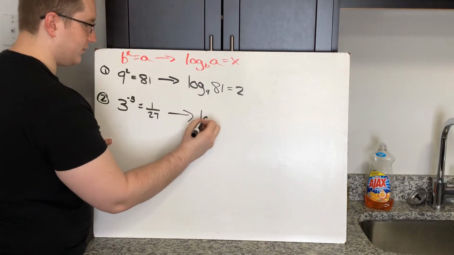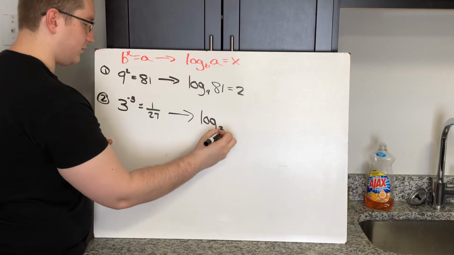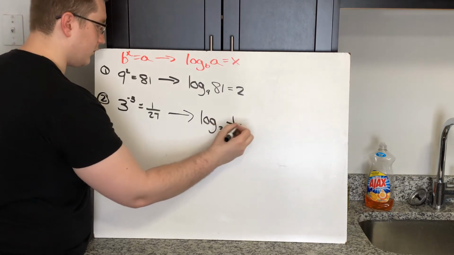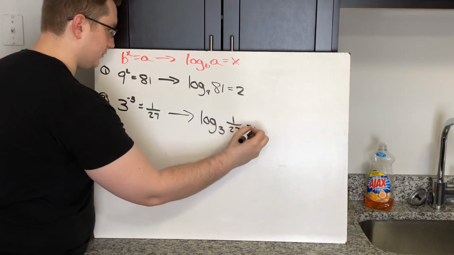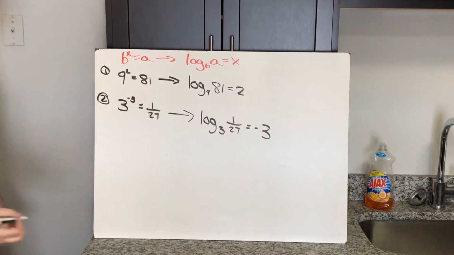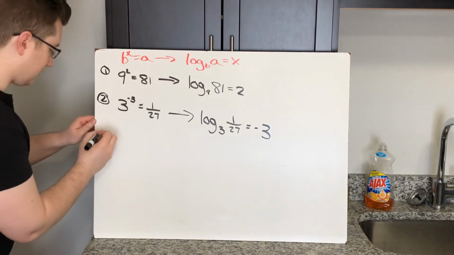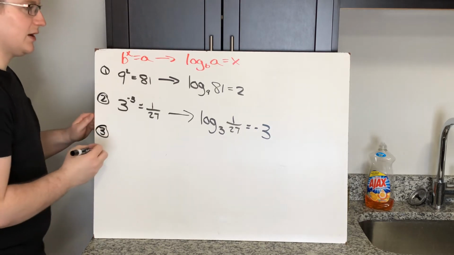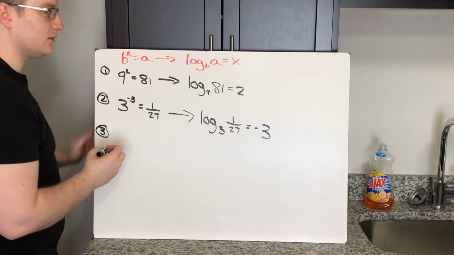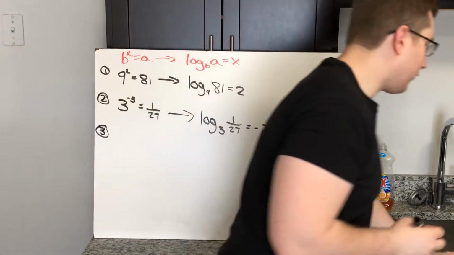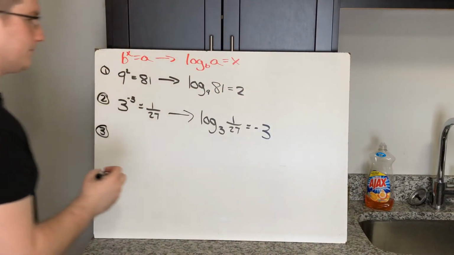So if I do this, it is log base 3 of 1 over 27 is equal to negative 3. That's it.